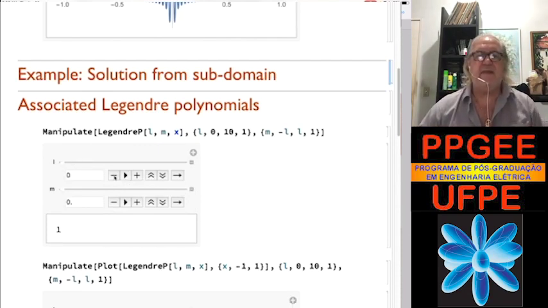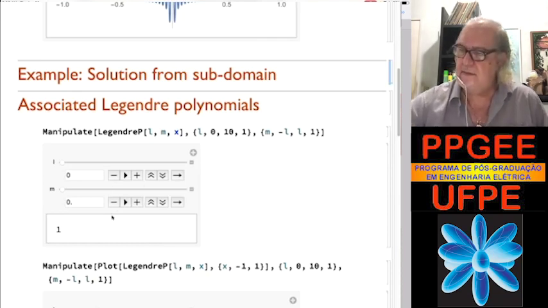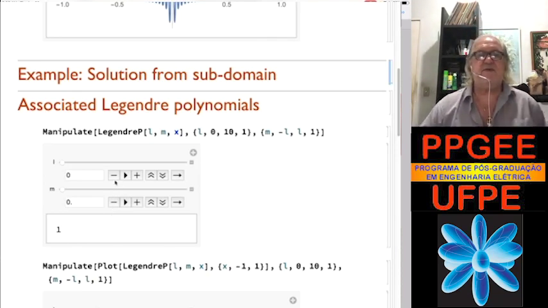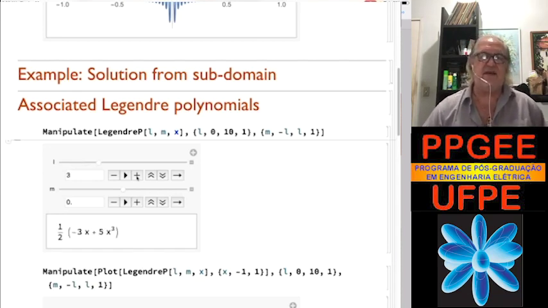You see, these are associated Legendre polynomials you're seeing now, okay? P00, right? L and M are the indices. P00 is 1. P10, all of those are the standard Legendre polynomials. For m equals 0, we have the standard Legendre polynomials that we had before, right?